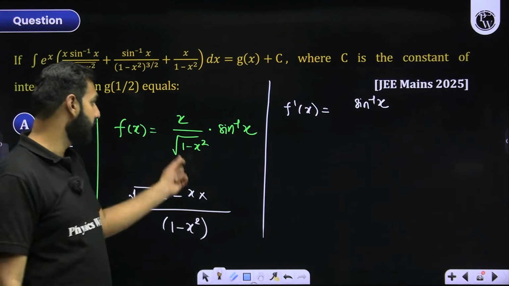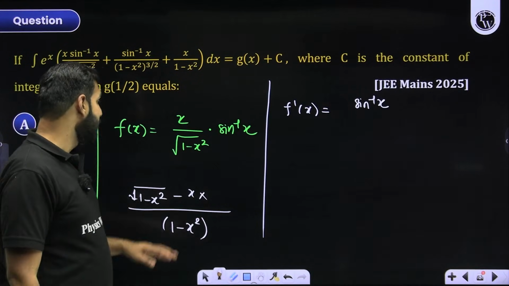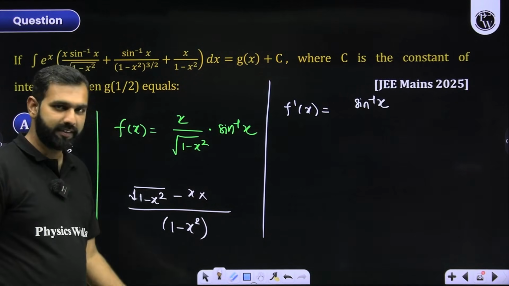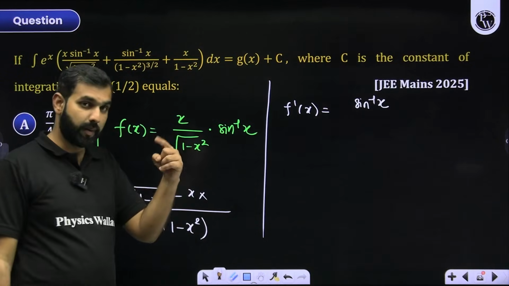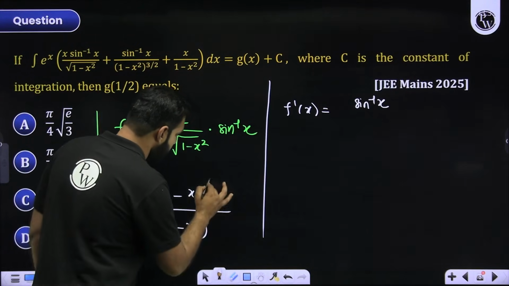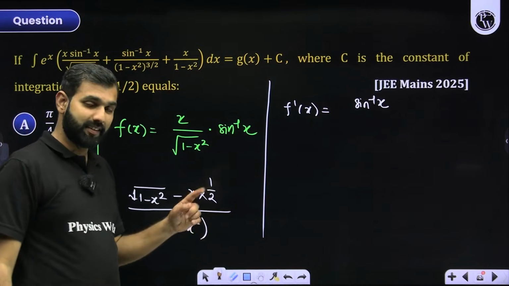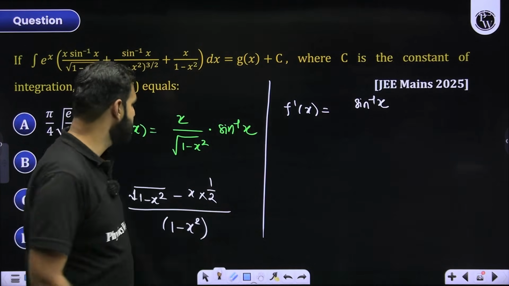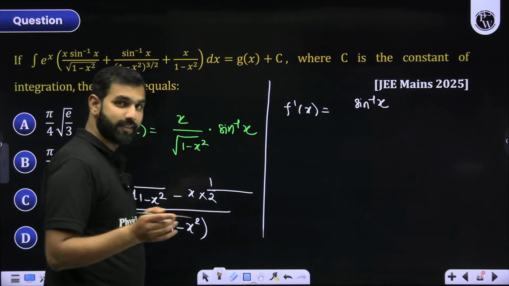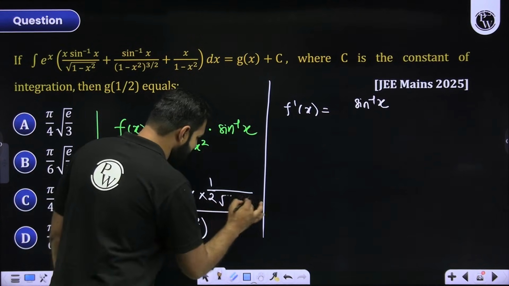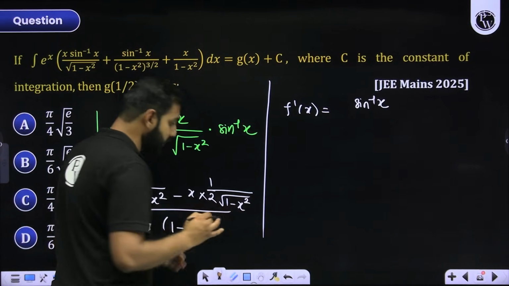Now please understand, here I'll apply chain rule. So here denominator is what? Under root over 1 minus x square. So this is 1 minus x square to the power 1 by 2. So it will become 1 by 2 times 1 minus x square to the power 1 by 2 minus 1, which is basically 1 minus x square to the power minus 1 by 2. I hope there is no confusion on that.